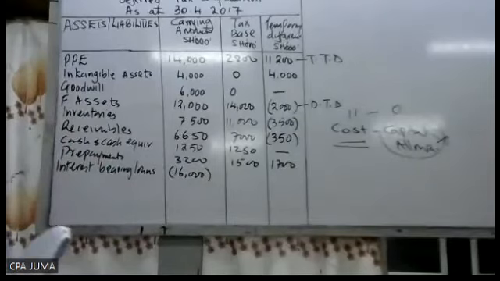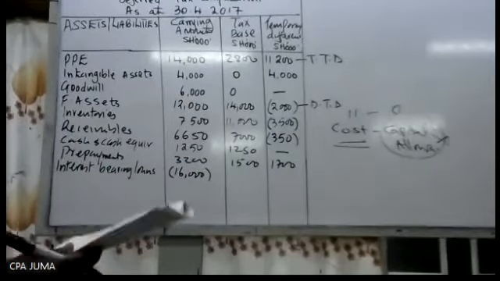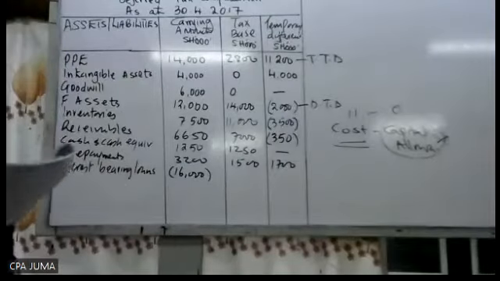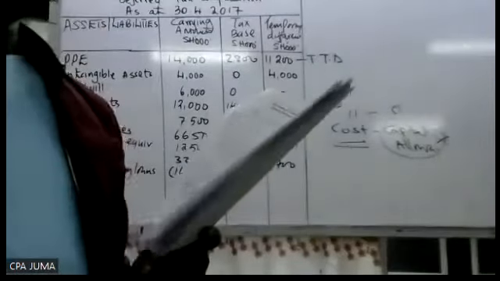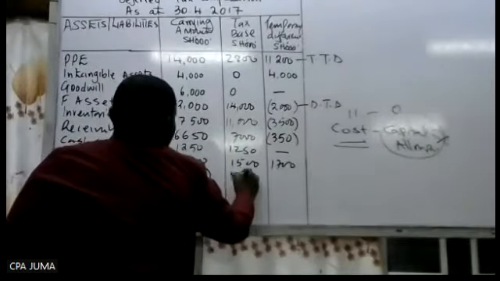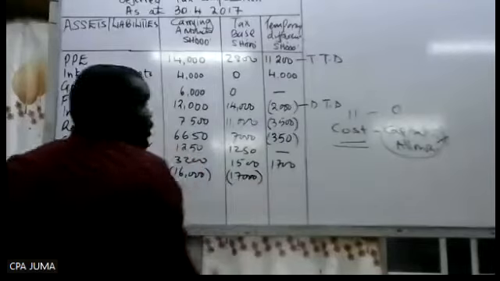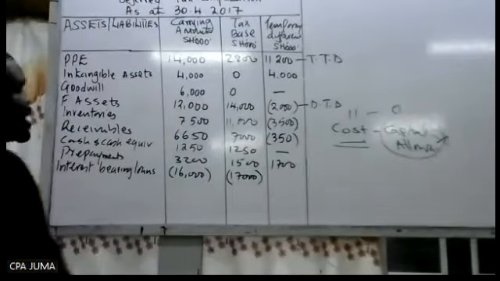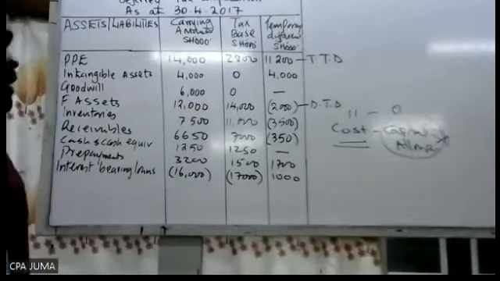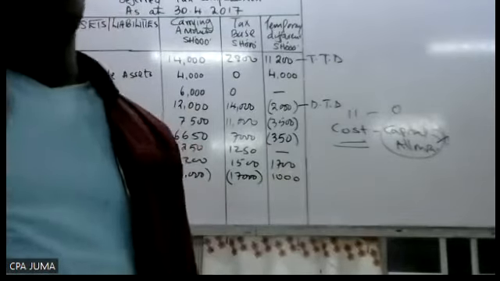Liabilities you subtract. You don't add them together with the assets. Then were we given the tax base? Yes, interest bearing loans, tax base is 17. So temporary will be the difference, which is how much? Minus 16 minus 17 will be positive 1.